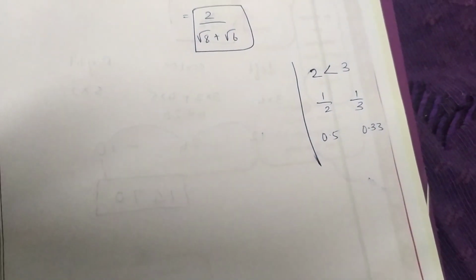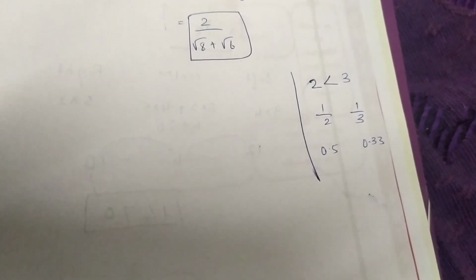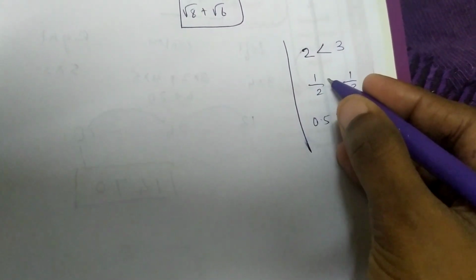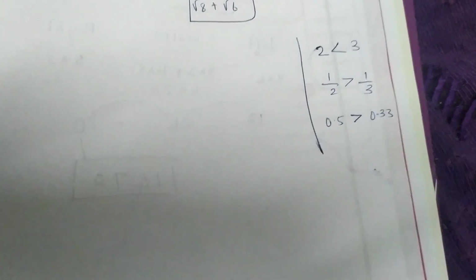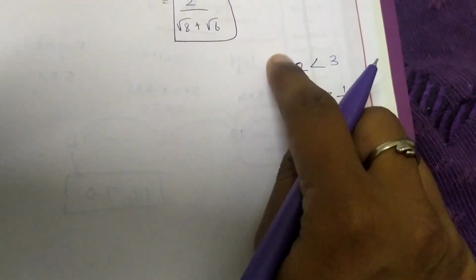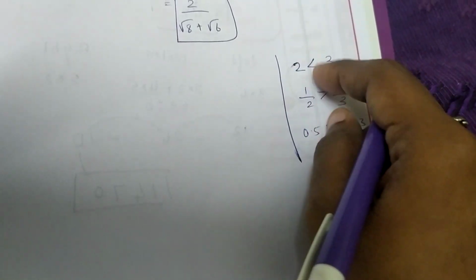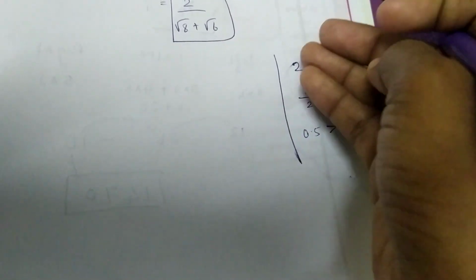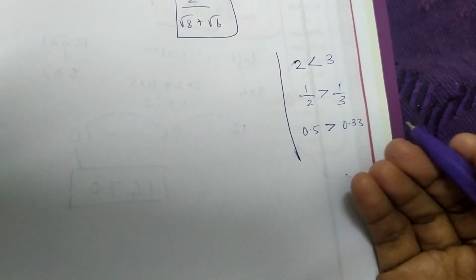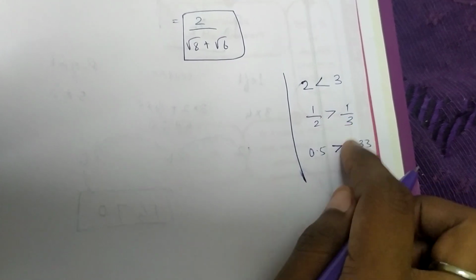So for the reciprocals, 0.5 is the greatest, that is 1 by 2. What I am trying to tell you is that taking the reciprocal works in the opposite manner: the less than converts into greater than. So 1 by 2 is greater than 1 by 3.